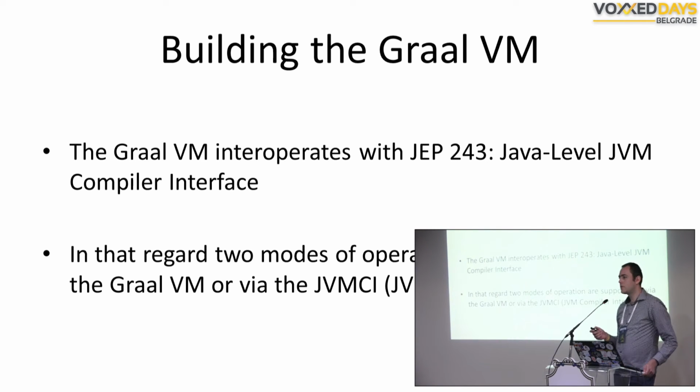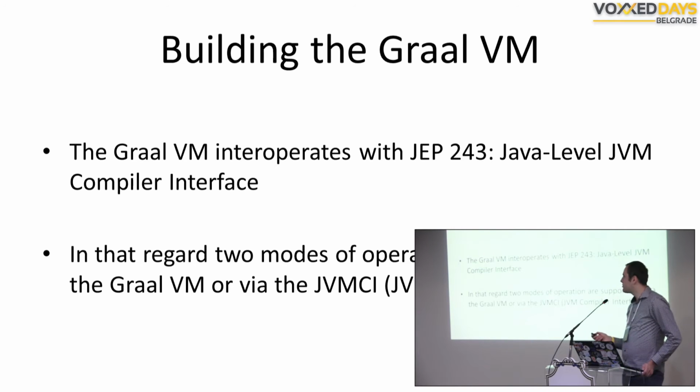And one of the ideas of the Graal project is to be able to be shipped as part of the JDK, and for that reason, it needs to use some standard API for communicating with the Hotspot JVM. Currently, the Graal project has some modifications of the Hotspot runtime in order to provide this communication between the Graal virtual machine and the Hotspot runtime.